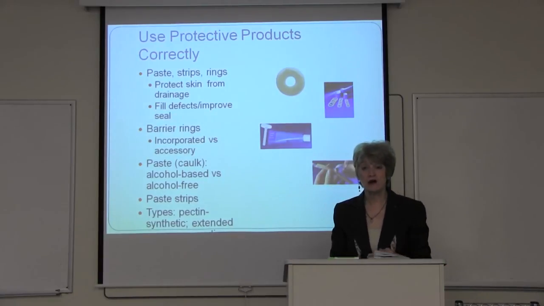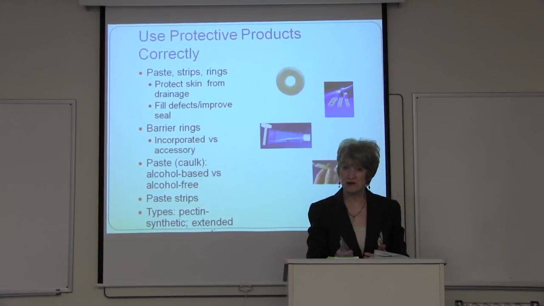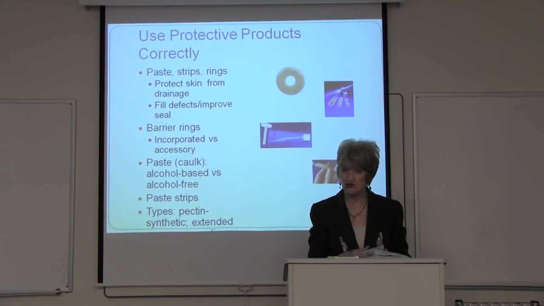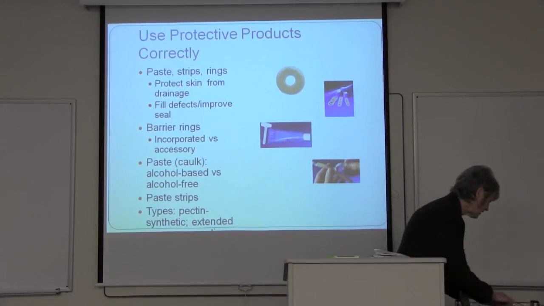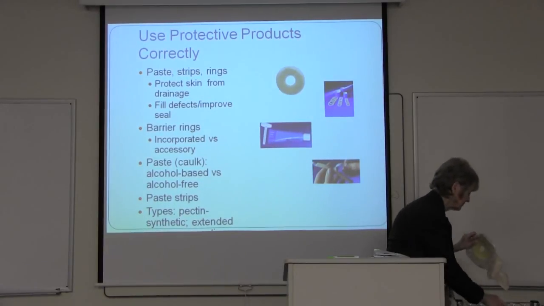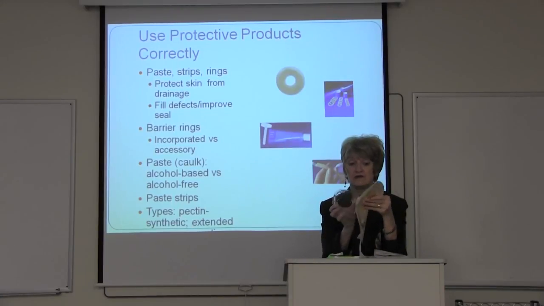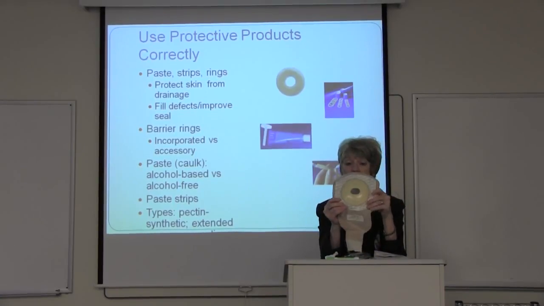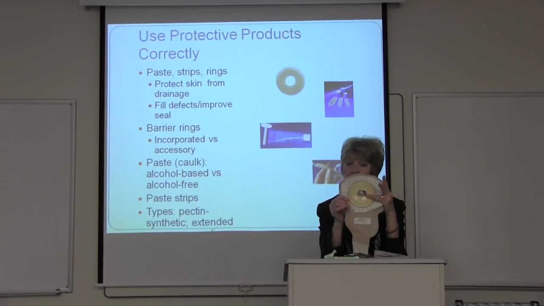There are a few products on the market that use different barriers, so I'm going to mention two of them and show them to you now. We'll talk more about them when you're on site. One of them is Skin Shield by Marlin. And I know on video it's going to look very much the same, but when you come on site, you'll see that you can literally feel the difference and see the difference.